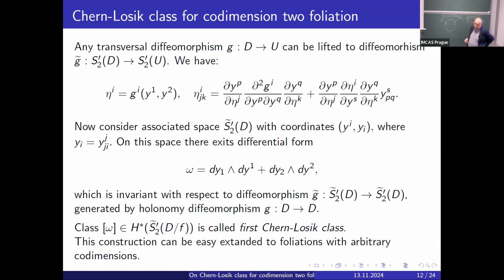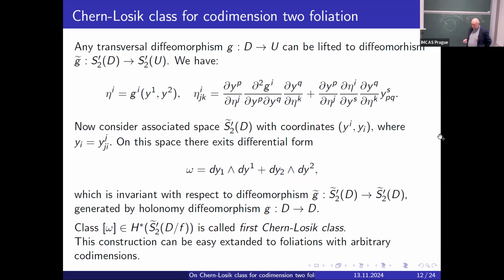We see that this is some generalization of first Chern-Losik class for codimension 1. For codimension 1, we have only one term, dy1 below, dy1 upper index. So, we have this invariant form, and we call this first Chern-Losik class for codimension 2 foliations.